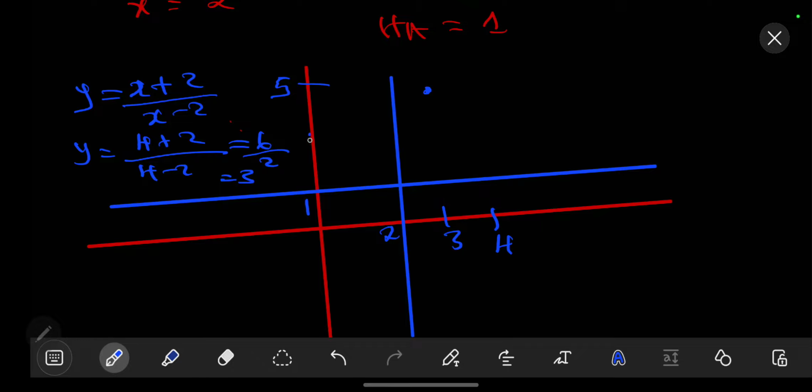So let's say my 3 is somewhere here. So I'll have that point. These 2 points, I can connect them, and I'll have something like this. Now this is my first portion of the graph.